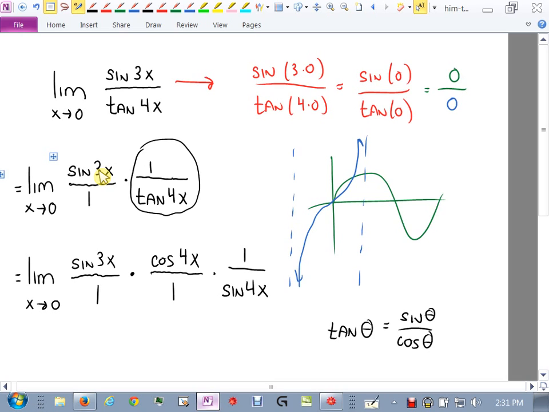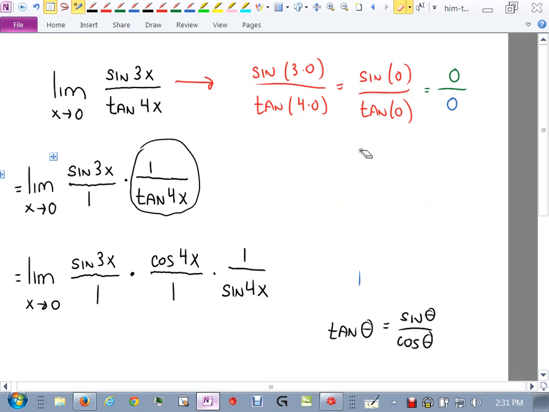All right, so let's identify the part that's causing the problem. Because I haven't taken the limit, have I? No. I just pulled everything apart, and I haven't told you why I'm doing that yet. I'm going to look at the piece that's causing the problem. That's it right there. It's pretty obvious that when x is 0, 4 times 0 is 0, sine of 0 is 0.